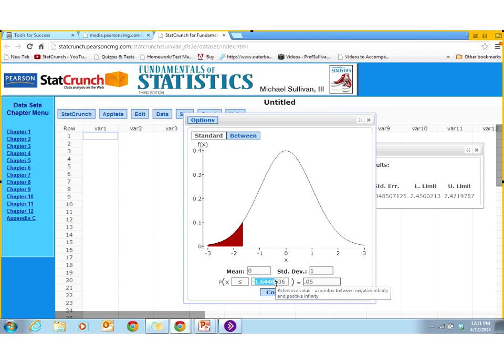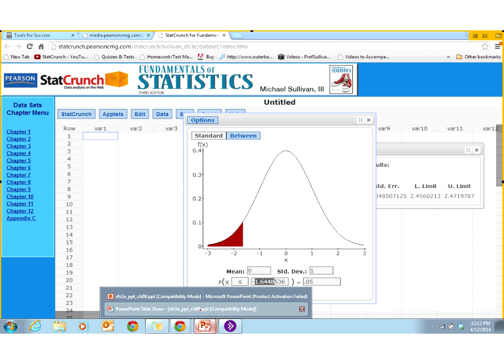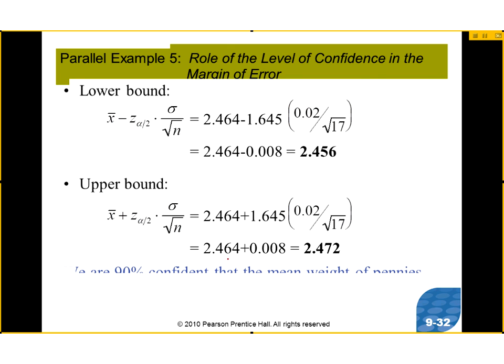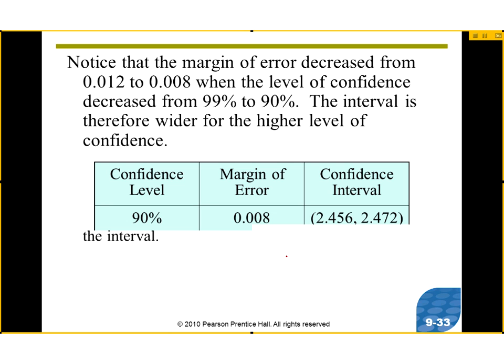So by having a smaller number, our margin of error is going to be smaller. And this is what they're talking about. So at the 90% confidence interval, our margin of error has decreased. And at the 99%, our margin of error is bigger.